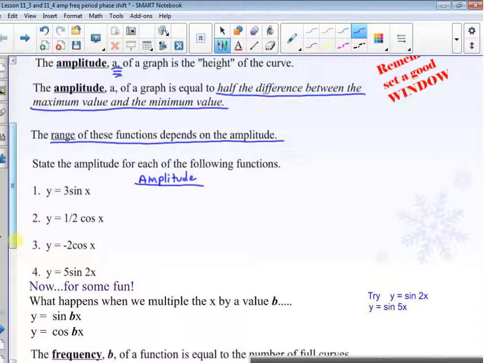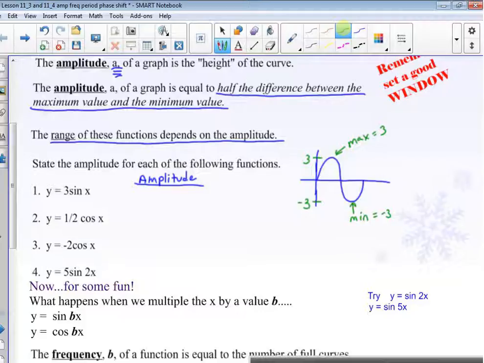When you graph y equals 3 sine x, it's going to go as high as 3 and as low as -3. So up here is 3 and down here is -3. This is your max value, and here is your min value. So the max is at 3, and your min is at -3.